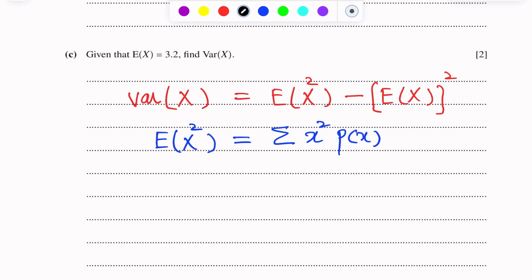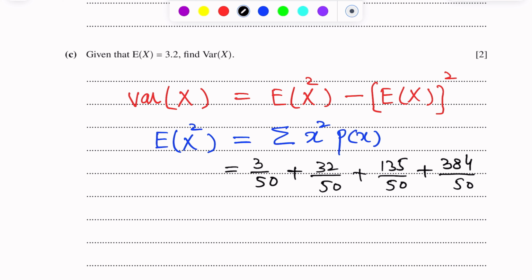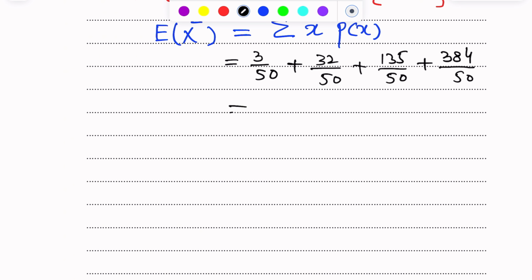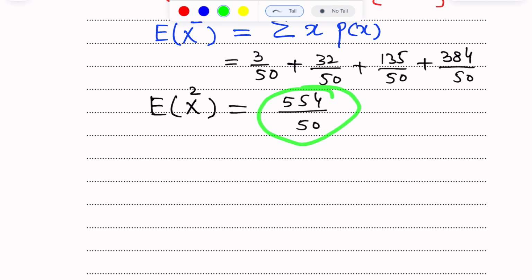This becomes 3 over 50 plus 32 over 50 plus 135 over 50 plus 384 over 50. After adding these terms, we get E(x squared) is 554 over 50.